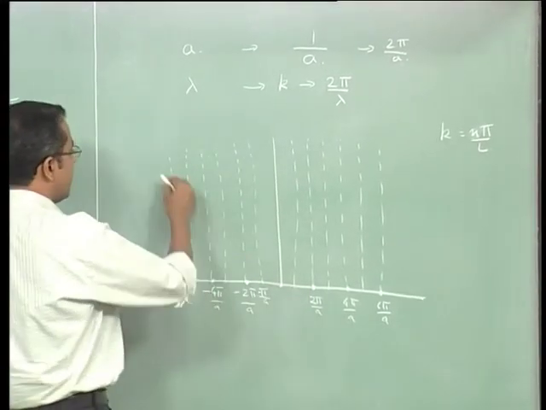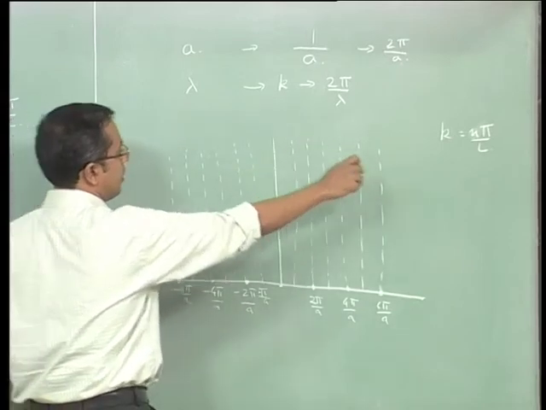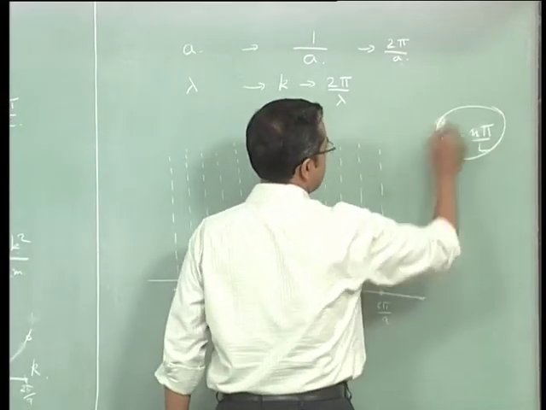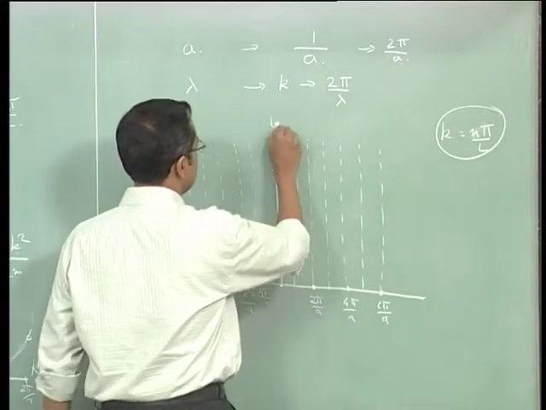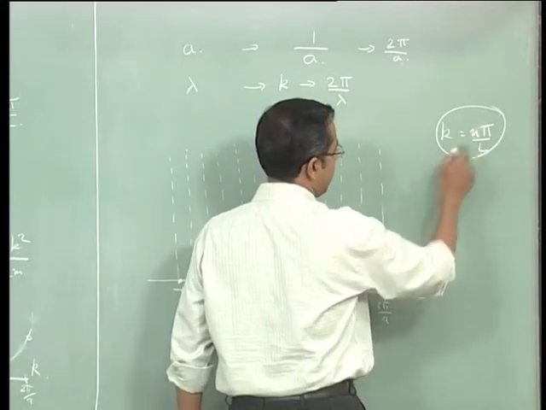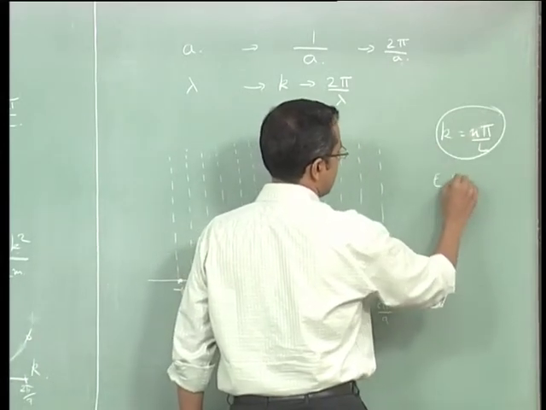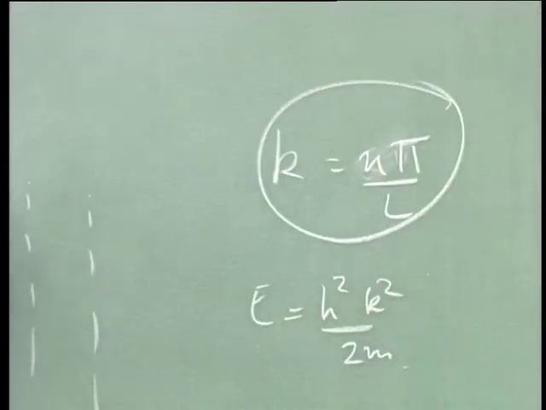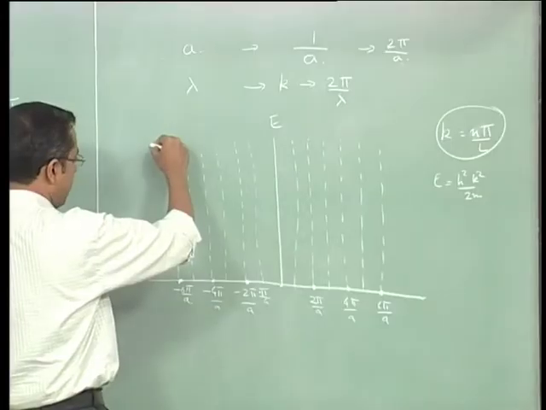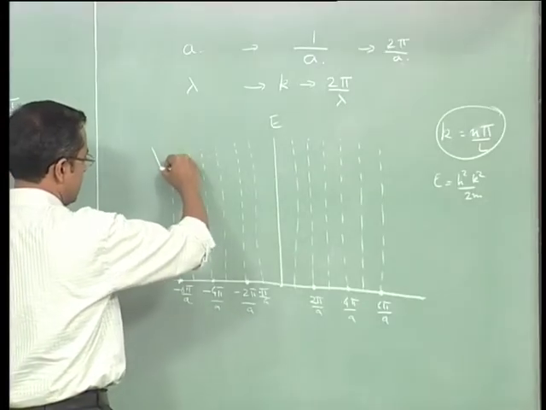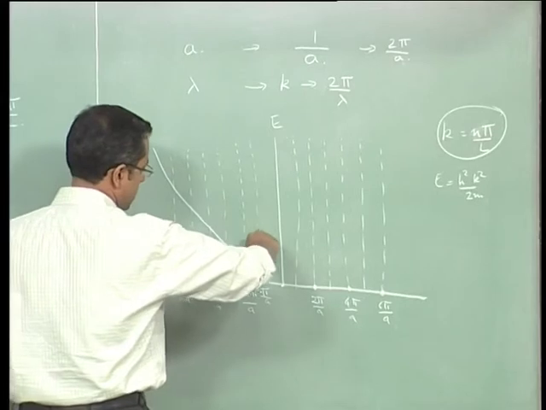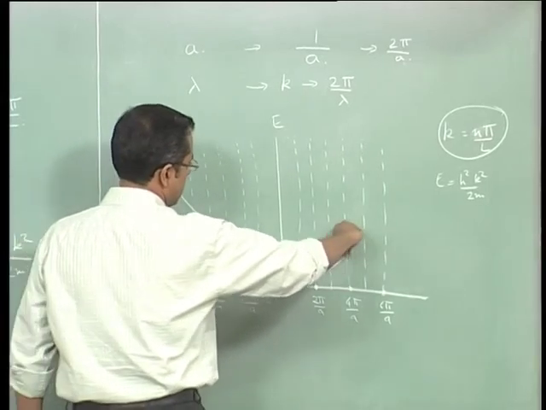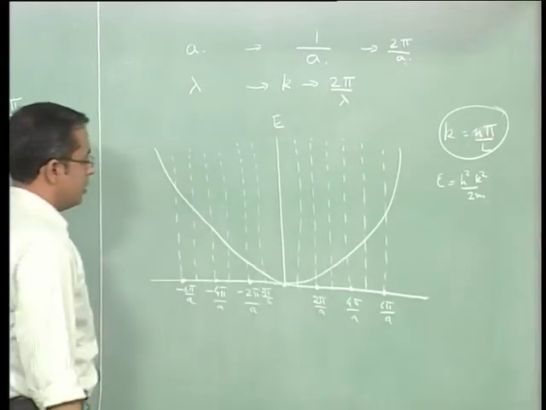So on this scale, when you plot, the allowed values of k are n pi by L and E equals h bar square k square by 2 m, this is energy. What you get is a parabola, it will look like a parabola like that, okay.